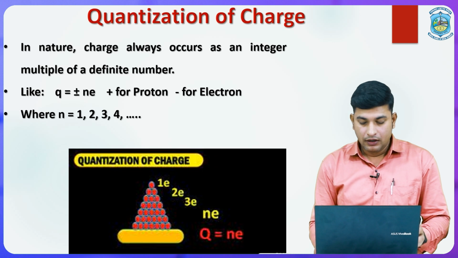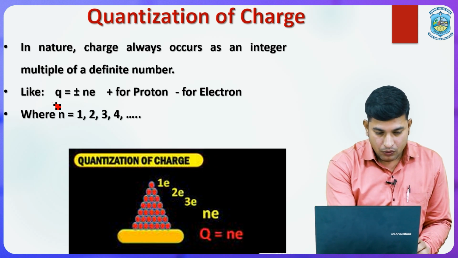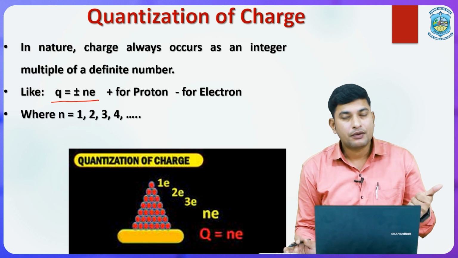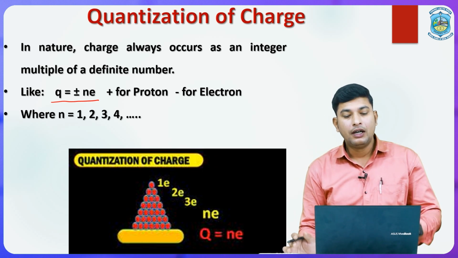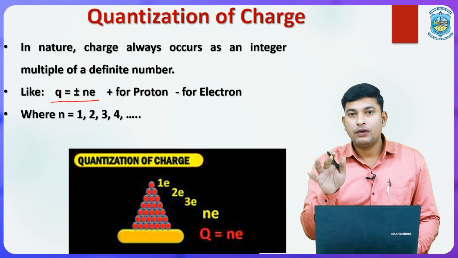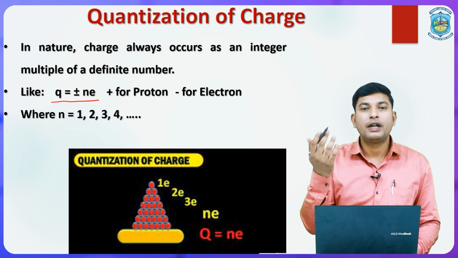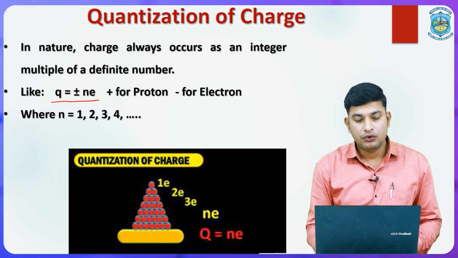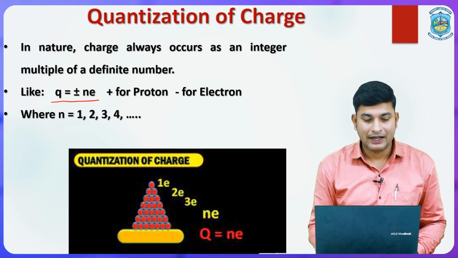In the formula, as we have seen, q is equal to plus minus ne, where the plus symbol is for the positively charged proton or positively charged material, and the negative is for the negative electron or negatively charged material, and n is equal to 1, 2, 3, 4 or an integer number.